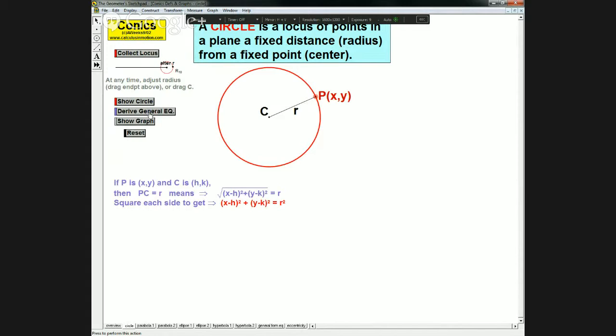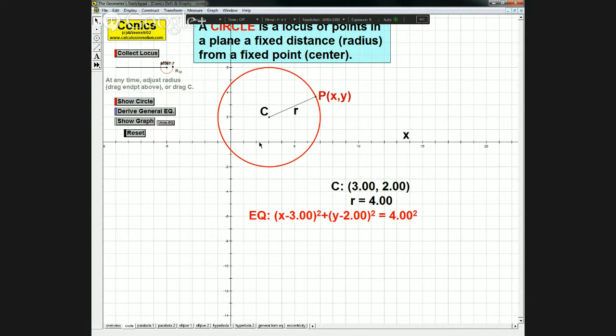Here's the equation, which I just showed you, right? And then if I put it on a grid, the center of this one is 3, 2. And the radius is 1, 2, 3, 4. So we have our equation: x minus 3 squared plus y minus 2 squared equals 4 squared.